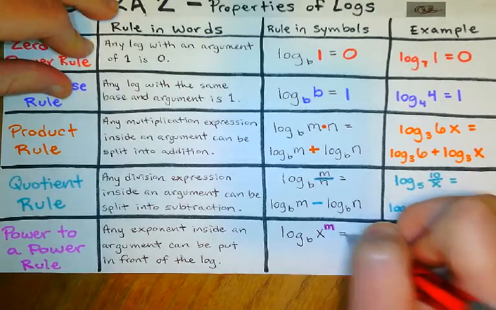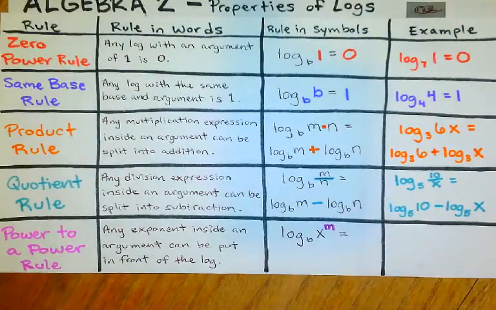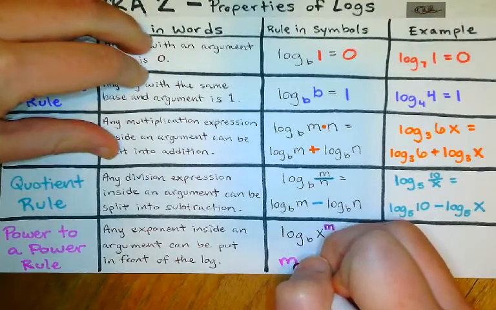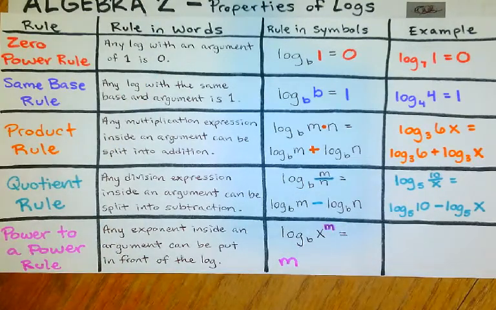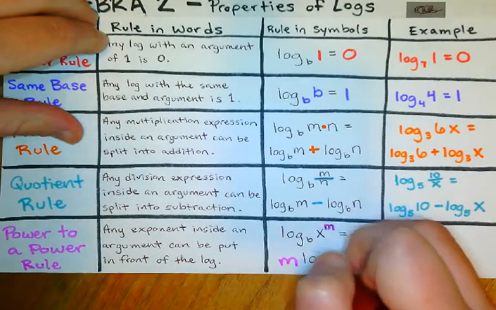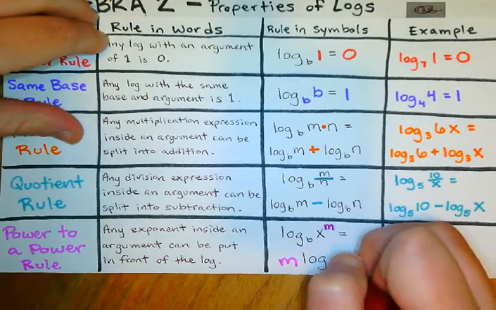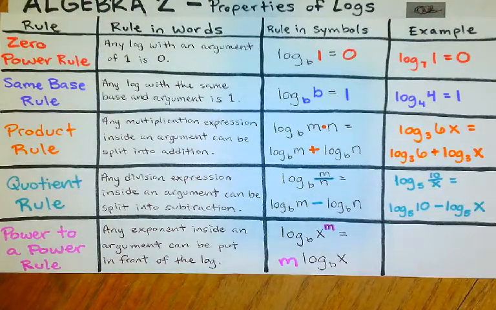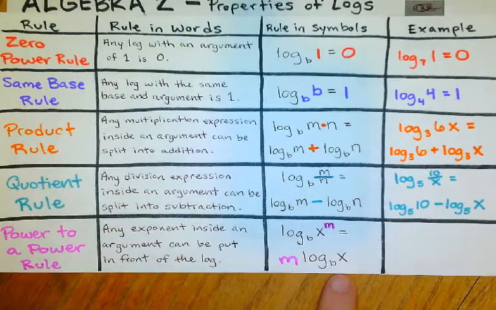So we're going to move that exponent and put it in front of the log. The m is going to go in front, and then we can just write the rest of our log base b of x. That way we can much more easily change this log into an exponential expression.